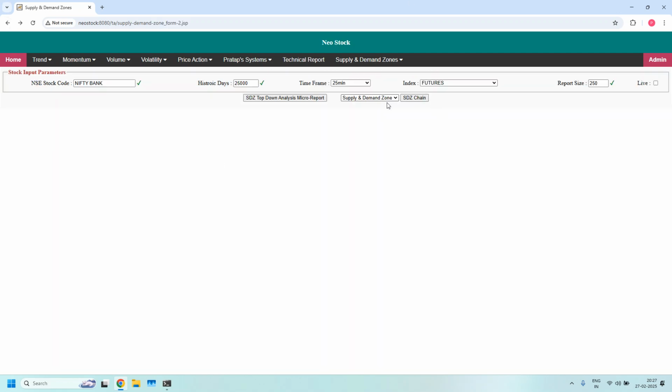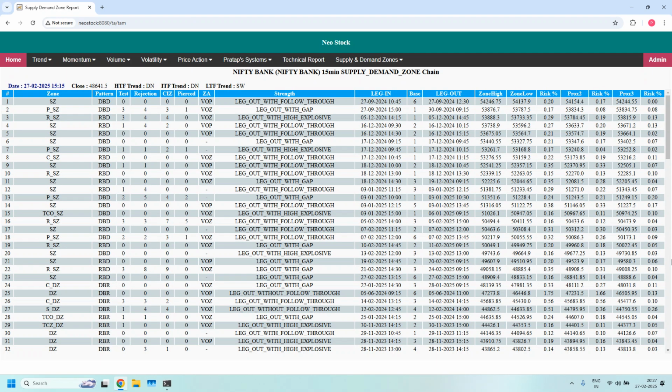Next, 15 minute supply demand zone chain for Bank Nifty.